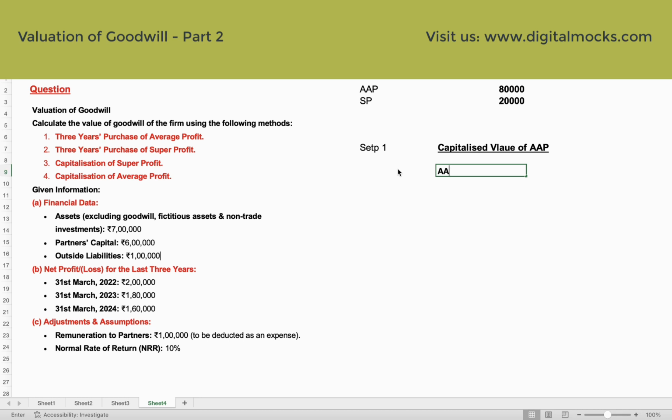To calculate that we need two pieces of information, AAP and the normal rate of return. Our actual average profit was rupees 80,000 and the normal rate of return given is 10%.